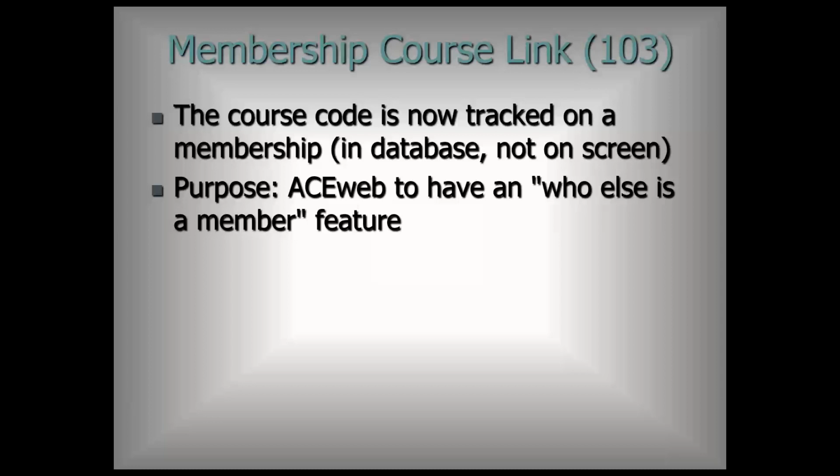We're putting it in now so that down the road when that gets added, we've got some data already in place. But another thing I think this is going to help with is reporting, having another link back to the course code directly from the membership.